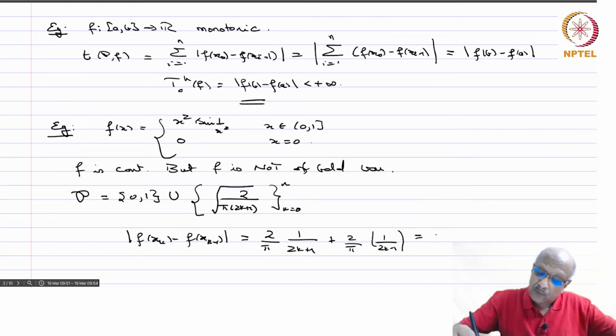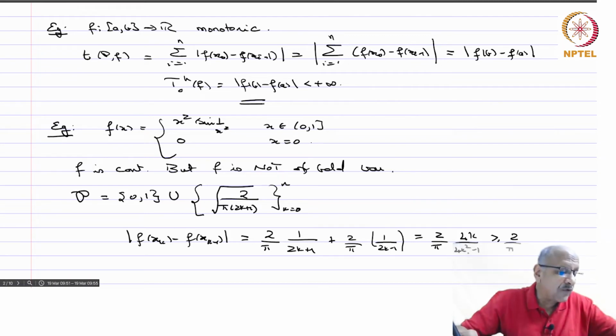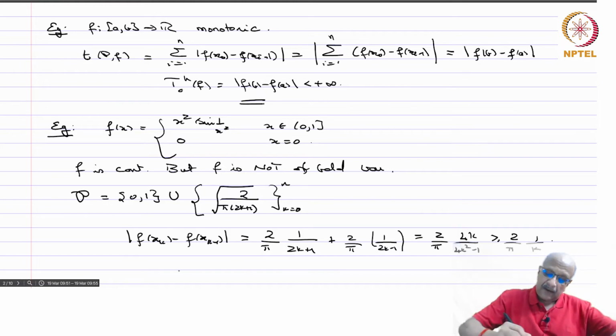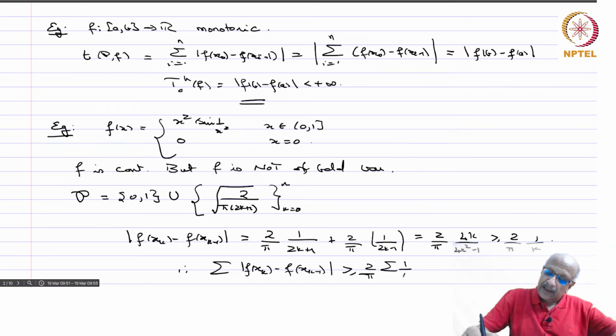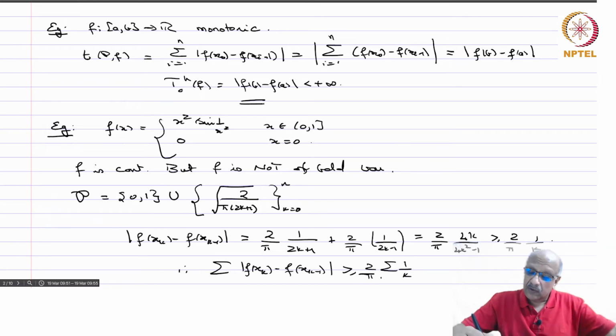Now this is equal to (2/π)(4k/(4k^2 - 1)), and that is greater than or equal to 2/π times 1/k, since 4k^2 - 1 is less than 4k^2. Therefore the sum of |f(xk) - f(xk-1)| is greater than or equal to (2/π) times the sum of 1/k, k = 1 to n.